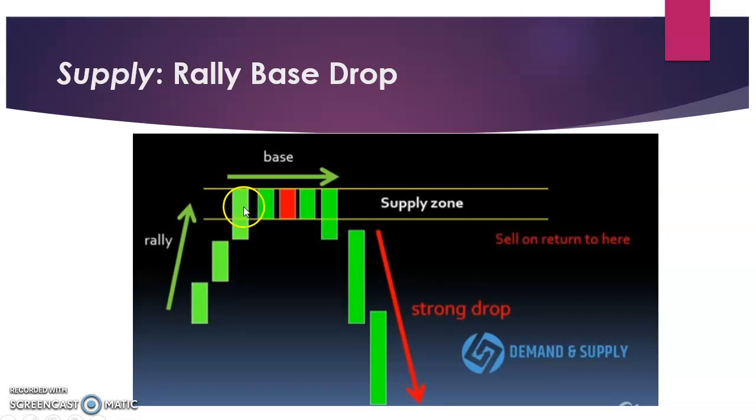Price went up and formed a series of small bodied candles, and there is a strong drop, identified with big candles dropping. That is what you call rally base drop. So let's see some examples.